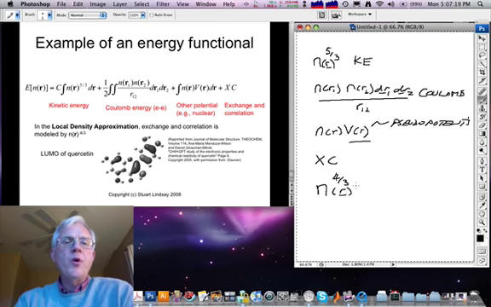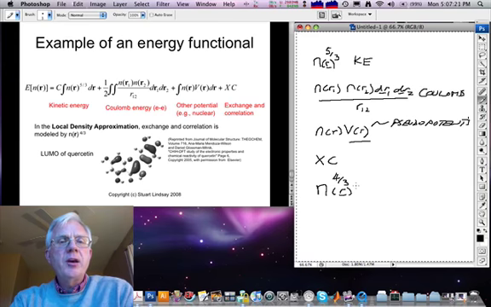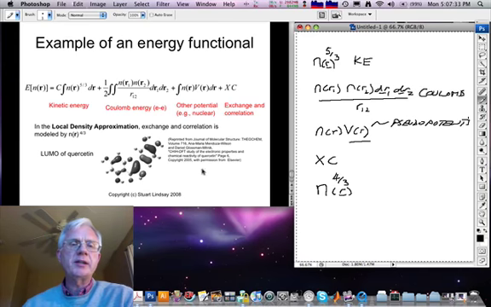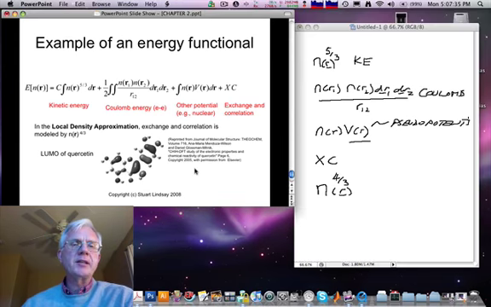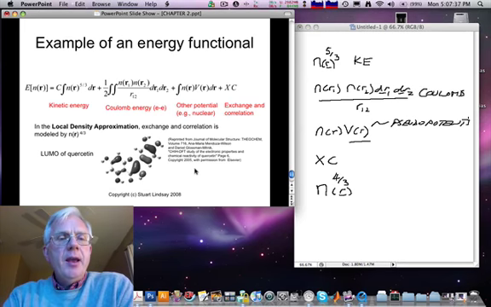So, with this functional known then, a computer program can be written to explore for functions n(r) that lower the E that you calculate using this functional. There turns out to be a quick route to doing this, but really one doesn't need to know it.